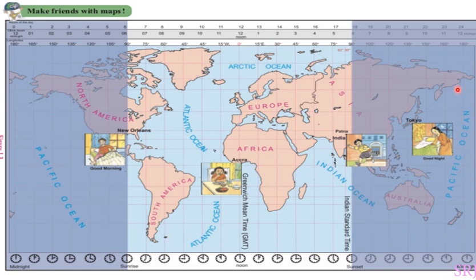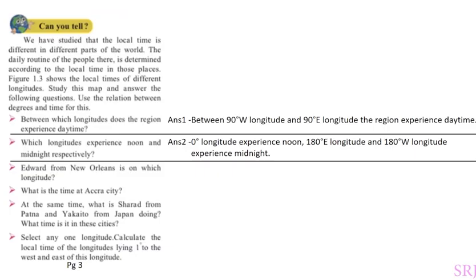So it is 180 degree east longitude. And even here is midnight. So that is 180 degree west longitude. So the second answer is: 0 degree longitude experiences noon, and 180 degree east longitude and 180 degree west longitude experience midnight.